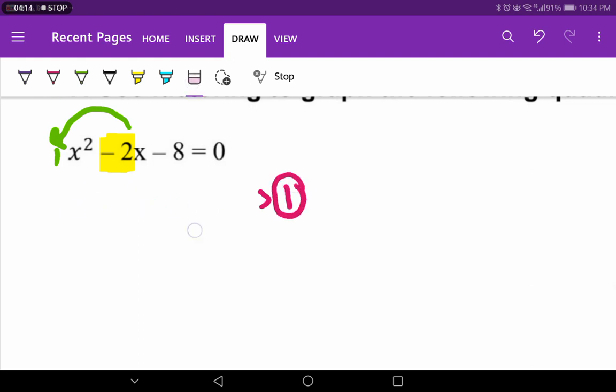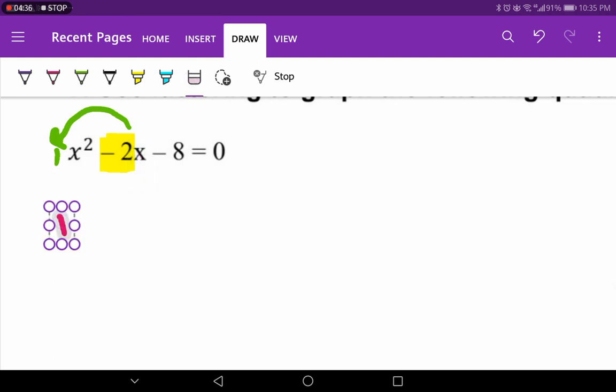This is the first part of my vertex. So the vertex, the first part is 1. What about the second part? I need to take this value and put it instead of x. 1 squared is 1. And negative 2 multiplied by 1 is negative 2.